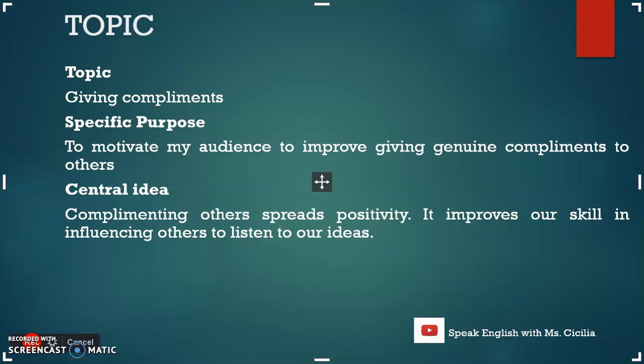So my specific purpose is to motivate my audience to improve giving genuine compliments to others. The central idea is that complimenting others spreads positivity. It improves our skill in influencing others to listen to our ideas.